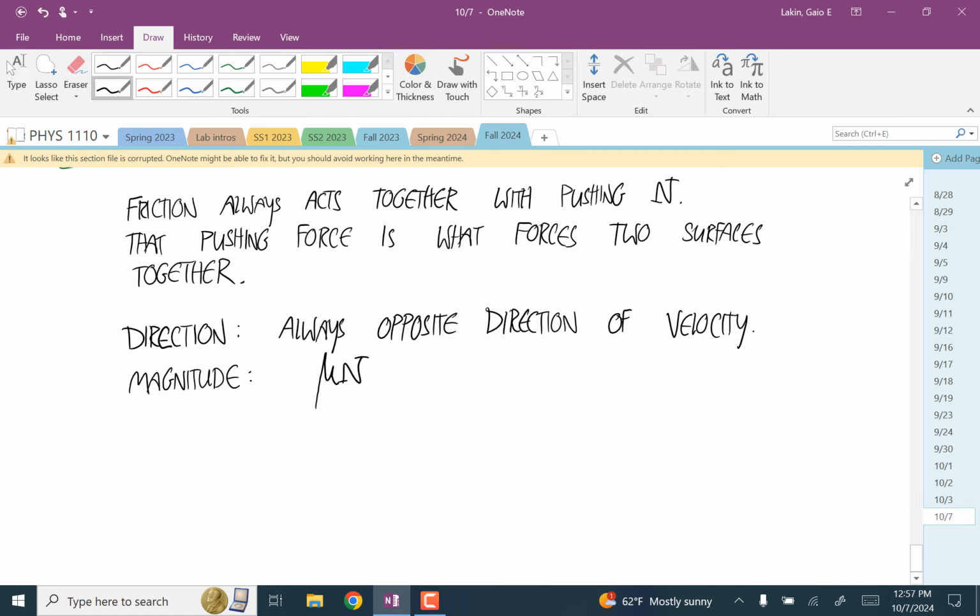And I'll tell you what this mu means. It's a positive number, kind of representing, you can think of it as kind of like stickiness between two materials.